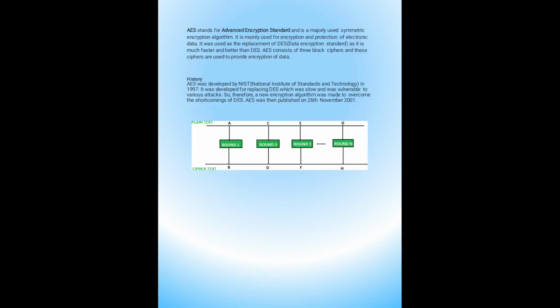Each round comprises 4 steps: SubBytes, ShiftRows, MixColumns, and AddRoundKey. The last round doesn't have the MixColumns step. SubBytes does the substitution, and ShiftRows and MixColumns perform the permutations in the algorithm.